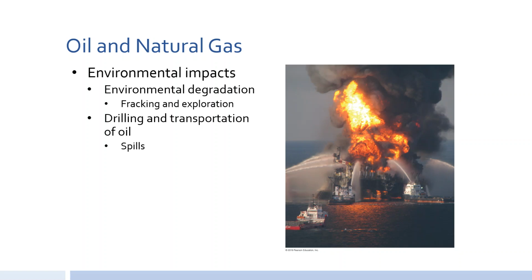And when you have something deep underwater that's leaking, it's also just very hard to fix. So this oil well leaked oil for quite some time. When I was a kid, we had the Exxon Valdez, which was an oil tanker that ran aground and leaked tons of oil and made world headlines.